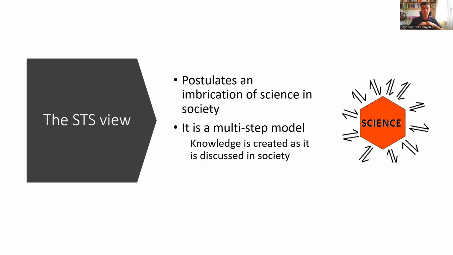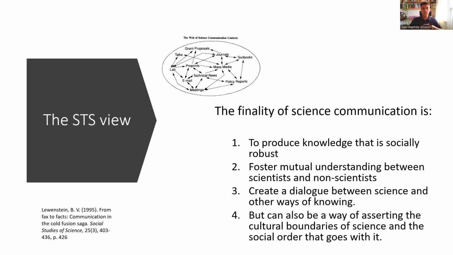And science communication, as seen from an STS perspective, postulates an imbrication of science in society. And science communication is what enables this imbrication of science in society. So according to this view, the finality of science communication is to produce knowledge which is socially robust, which can exist solidly in society.